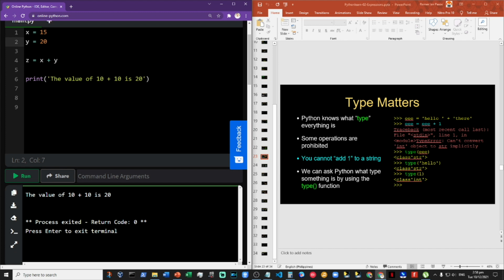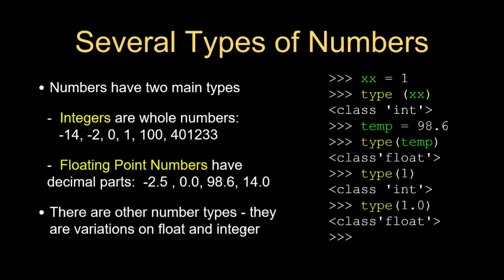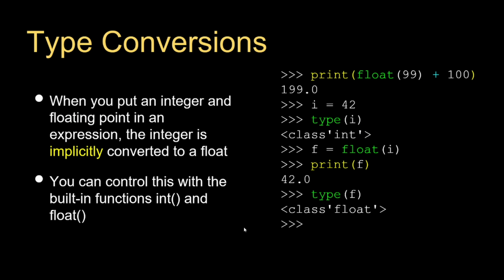So, how should we solve this? We need to cast or convert. We could temporarily convert your values. Continuing here, type conversion. When you put an integer and a floating point in an expression, the integer is implicitly converted to a float.